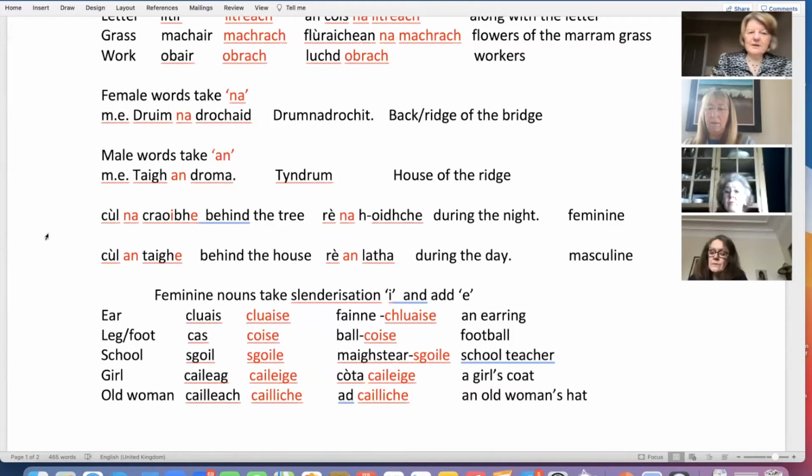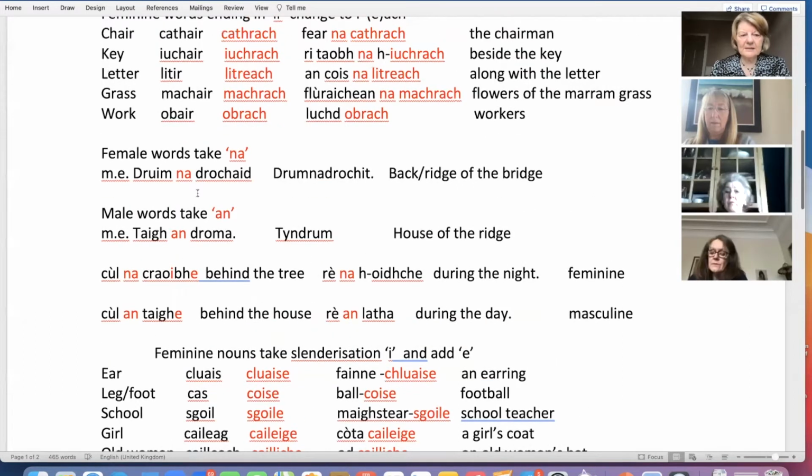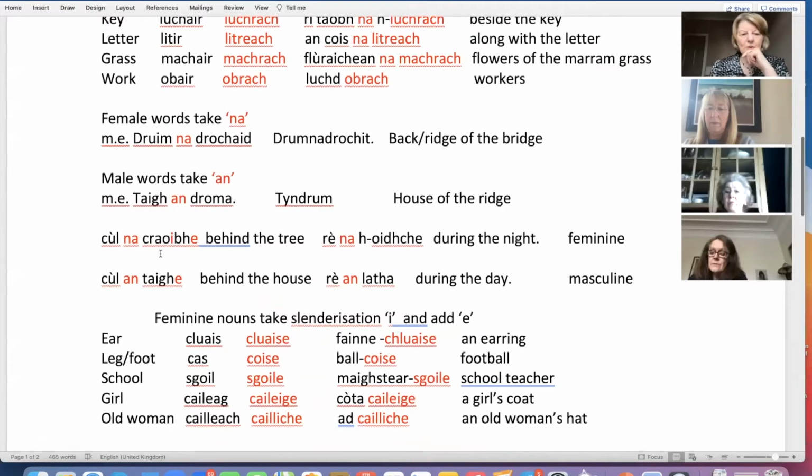So crave is a feminine word. Because I said they have seen na, you go the back of, so your behind becomes cool, na, and crave is feminine. So you add on the I and the E. You slenderize it and you add an E. So you go, cool na crave would be behind the tree.